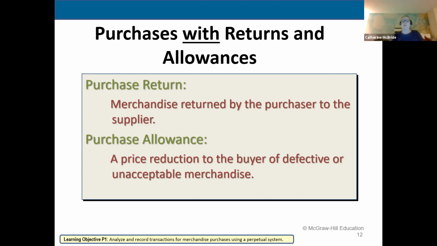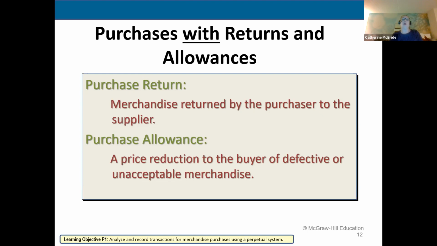So if we're the seller, we want to keep track of those returns. So we use a purchase return account. And then purchase allowances is for, let's say a customer gets the product, it's slightly damaged, but they say, you know what, we can sell it anyway. Would you give us a discount? And so we're like, yes, we'll give you a discount. That's a purchase allowance. So we have purchase returns and purchase allowances.